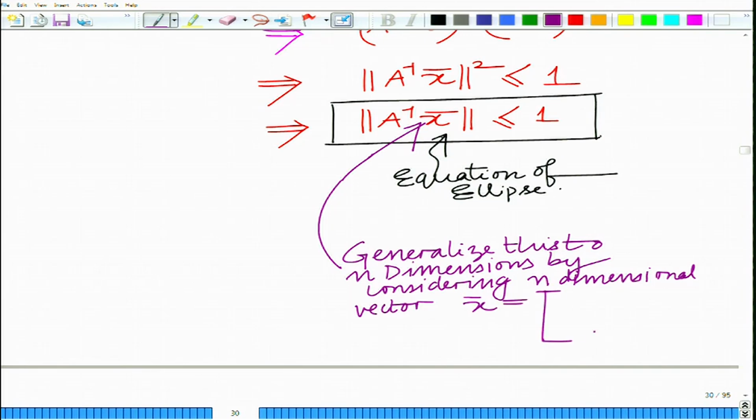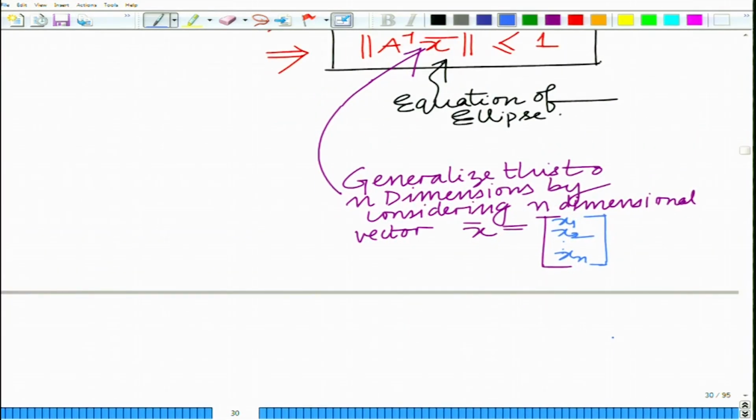So, instead of x1 x2, if you consider an n dimensional vector x1, x2 up to xn, the norm of A inverse x bar less than or equal to 1 becomes an ellipsoid, an n dimensional ellipsoid. So, we generalize this to n dimensions, and that becomes an ellipsoid in n dimensions.